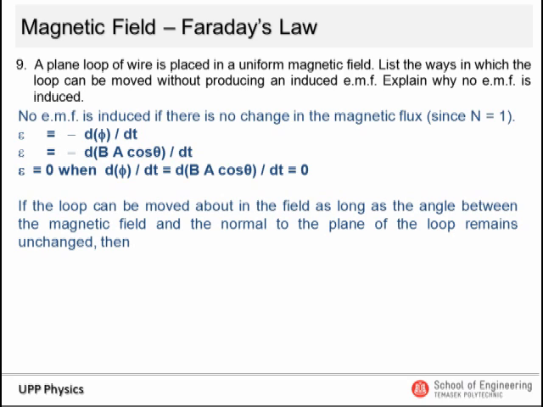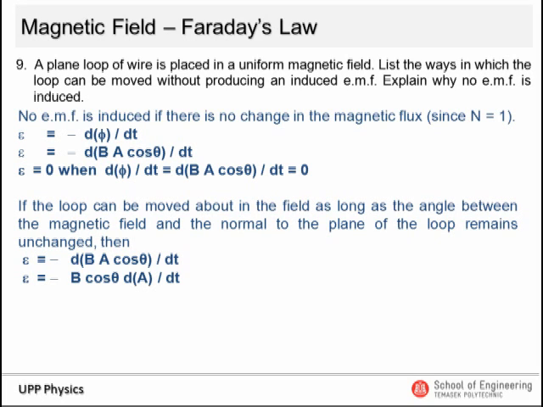So if we move the loop about in the field such that the angle between the magnetic field and the normal to the plane of the loop remains unchanged, then we can say that the magnetic field B and the angle theta are constant, and we can take B cosine theta out of the differentiation operator.